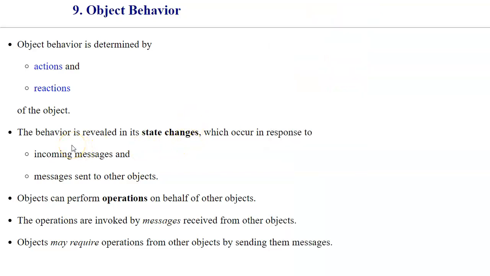So the behavior is revealed in its state changes. Okay, so once we attempt to execute different operations on our objects, obviously this will result in state changes. It's just like a user typing in a Word document. Every time they change a character, something changes in computer memory that is reserved to allocate that word processor text.